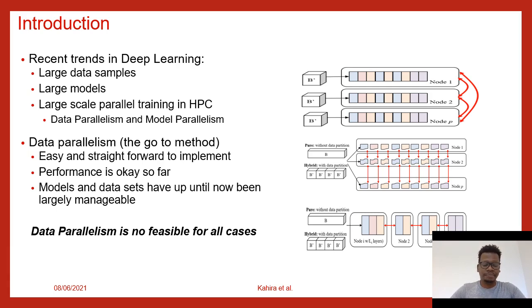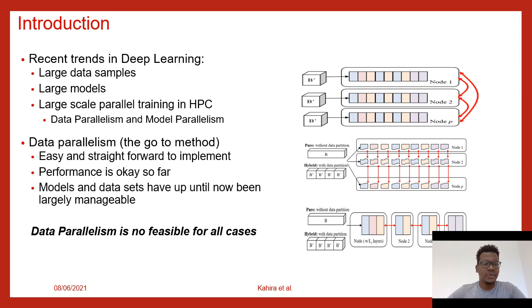The approaches so far have been two common approaches to do parallelism in HPC: data parallelism and model parallelism. Initially, model parallelism was proposed, but didn't really pick up because data parallelism was quite sufficient. So data parallelism is the go-to method when you want to do deep learning in HPC.